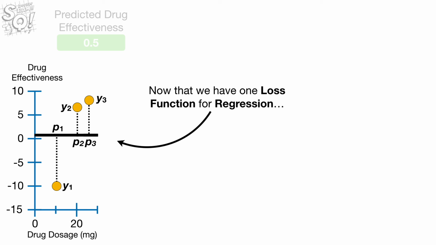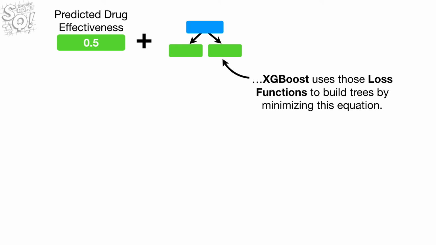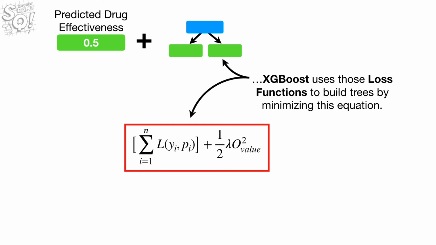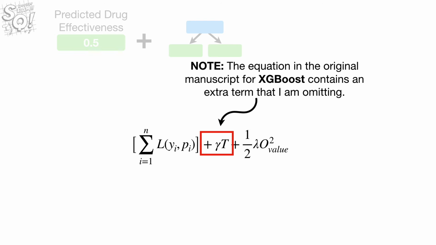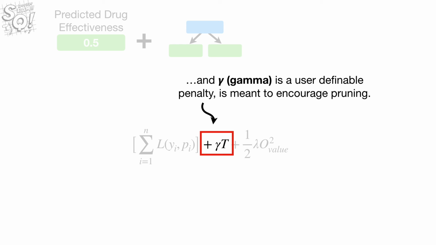Now that we have one loss function for regression and another loss function for classification, XGBoost uses those loss functions to build trees by minimizing this equation. Note, the equation in the original manuscript for XGBoost contains an extra term that I'm omitting. This term, gamma times T, where T is the number of terminal nodes or leaves in a tree, and gamma is a user-definable penalty, is meant to encourage pruning.